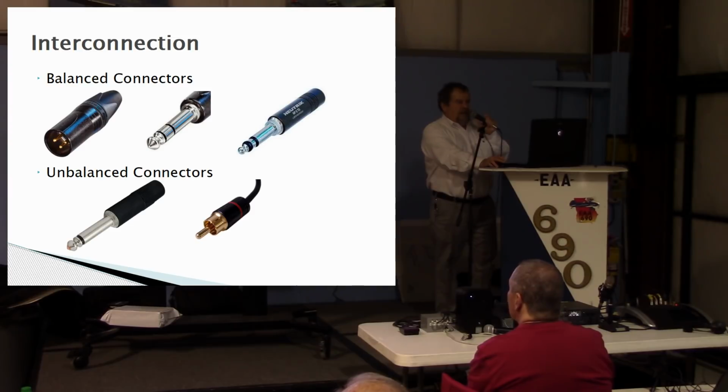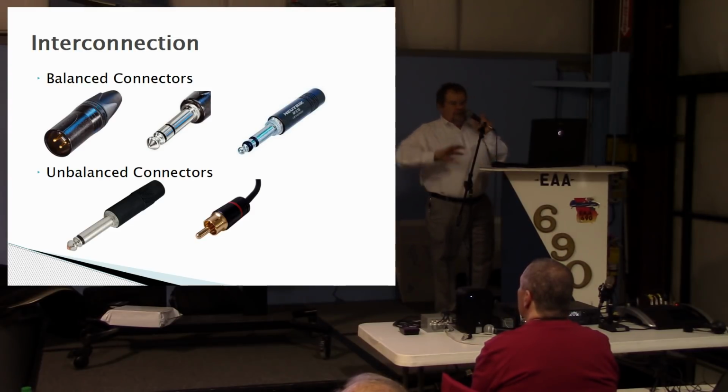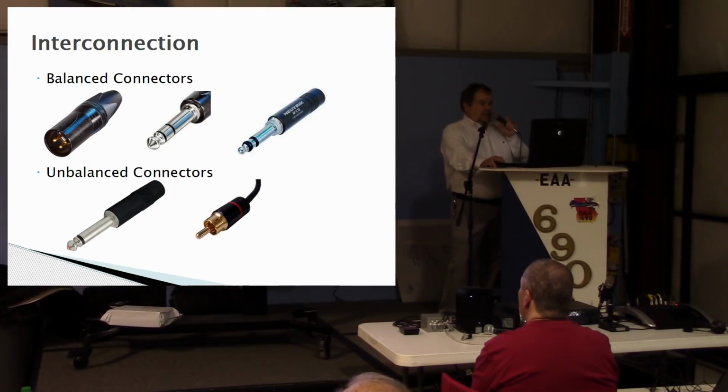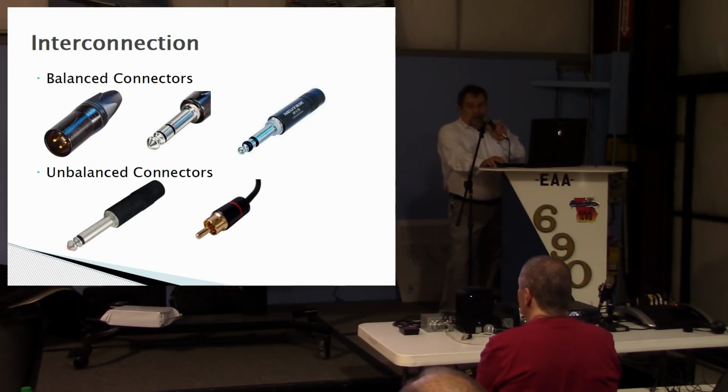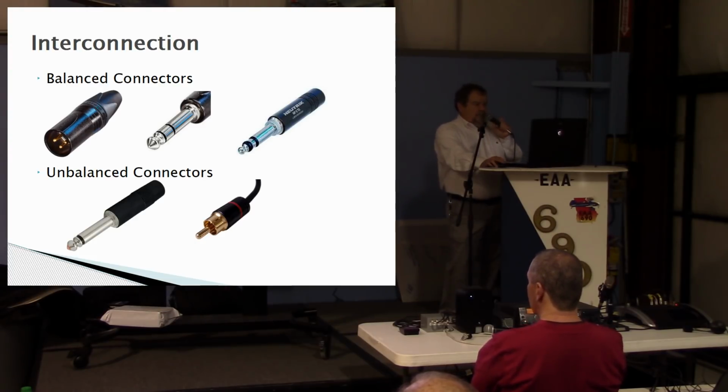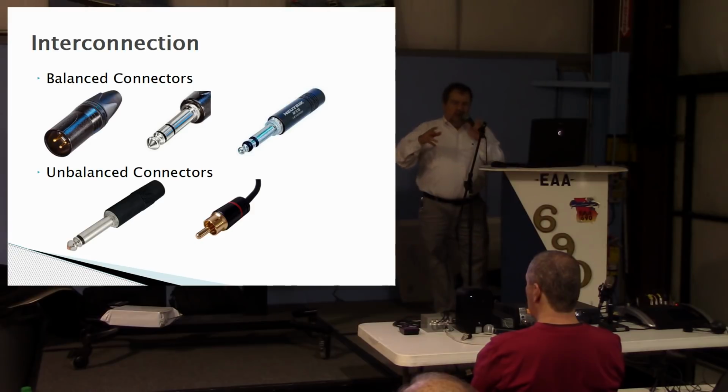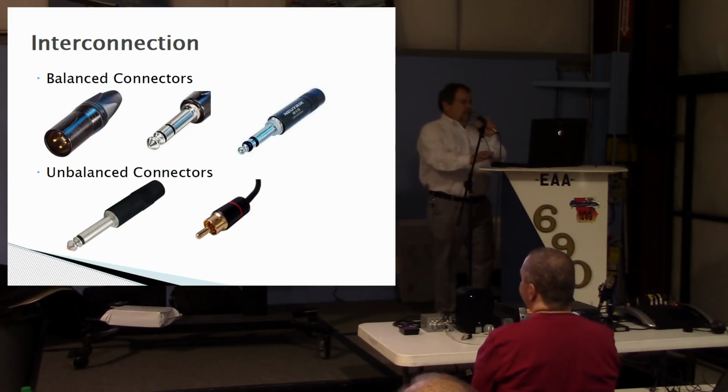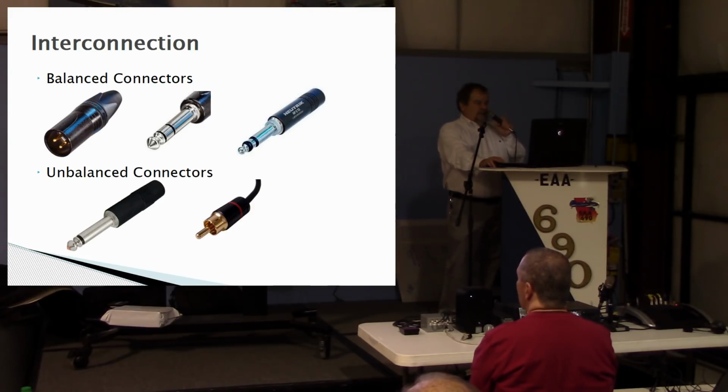This part carries no signal. It's just connected to the shield on the wire to keep noise out. 3 pins here, 3 pins here. Unbalanced connectors, just like coax. You got a center conductor and a ground. They both carry the electrical current. Same with the little RCA connector.